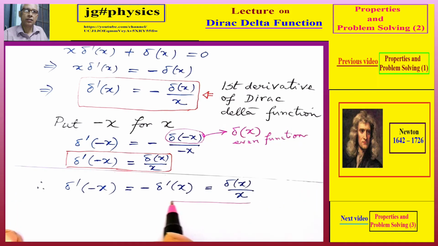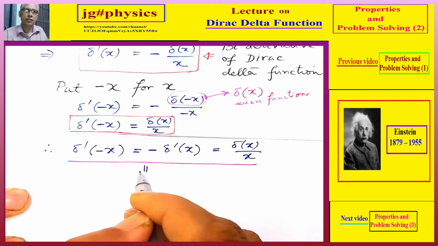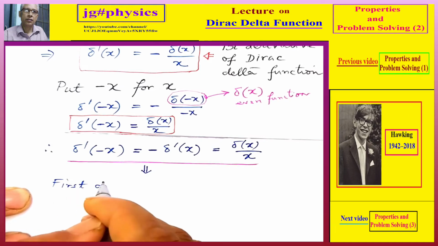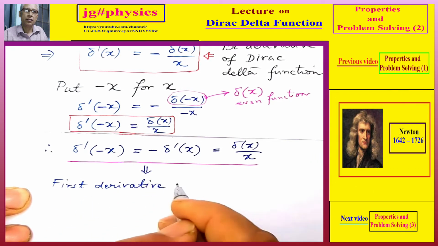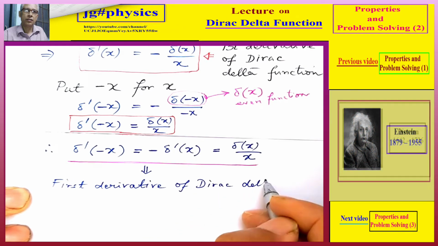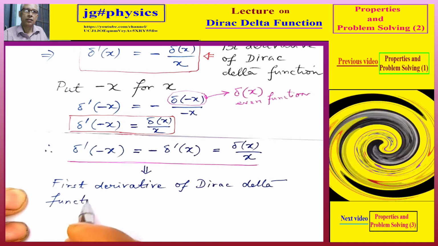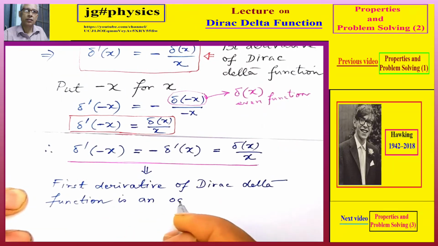And this is a very important result, and it shows that the first derivative changes in sign if we shift x to minus x, implying that the first derivative of Dirac delta function is an odd function.